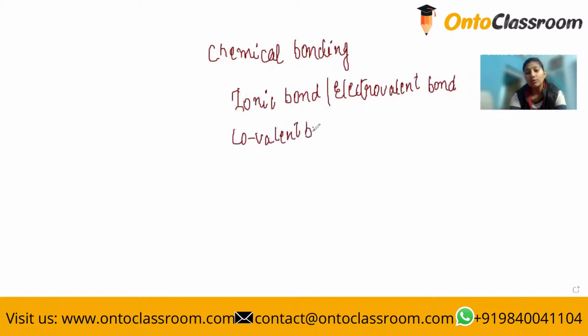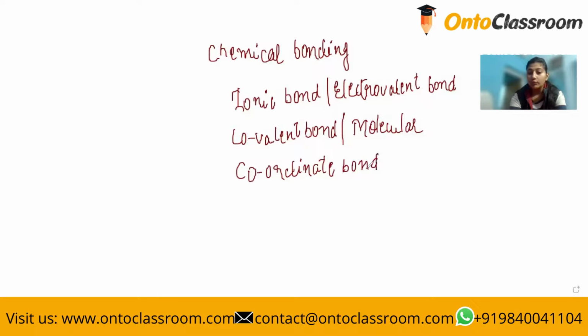Covalent bond is also known as molecular bond. Third one we have is the coordinate bond. And the fourth one is hydrogen bonding. So we have four types of bonding here.